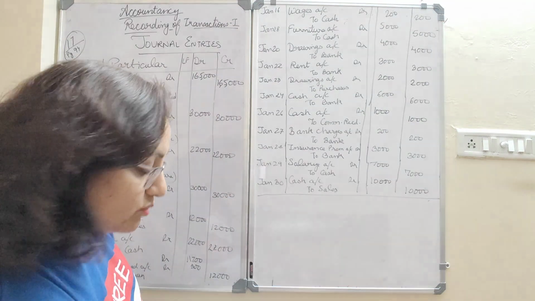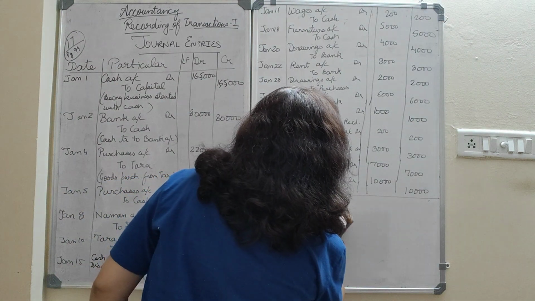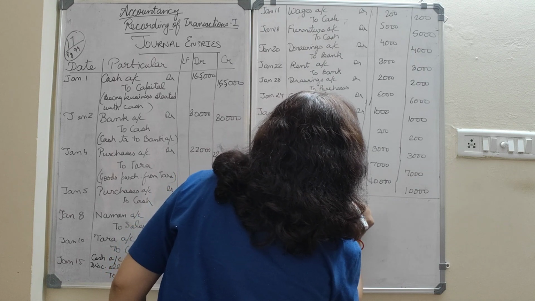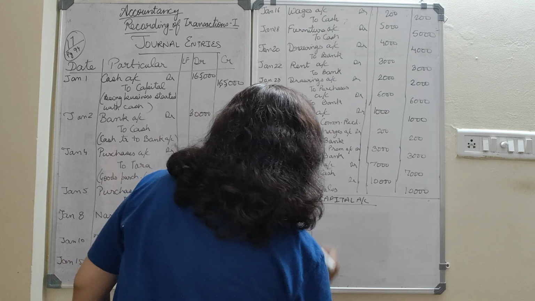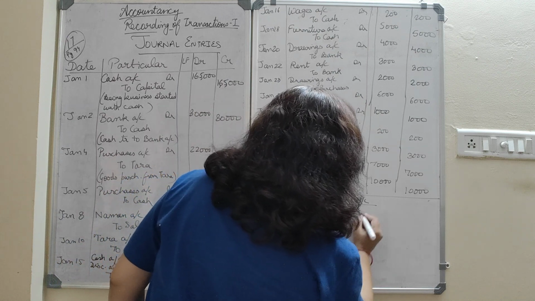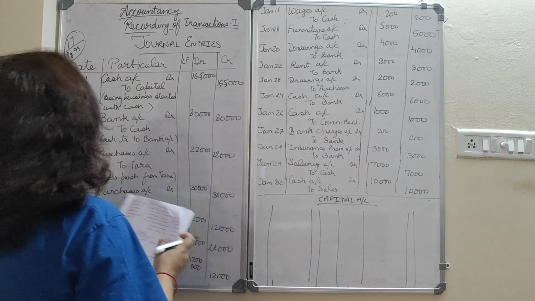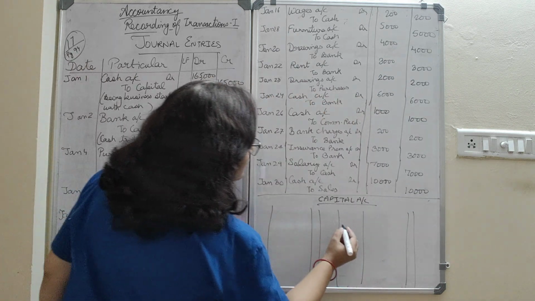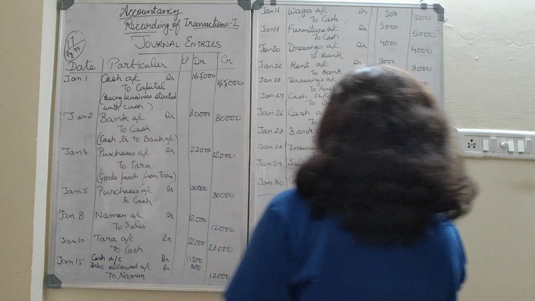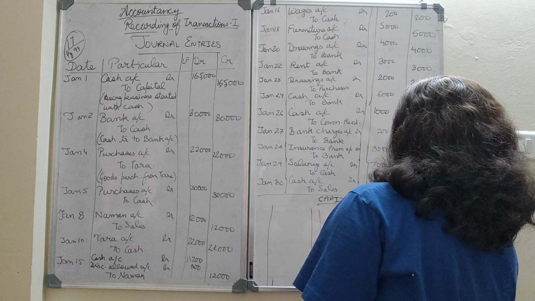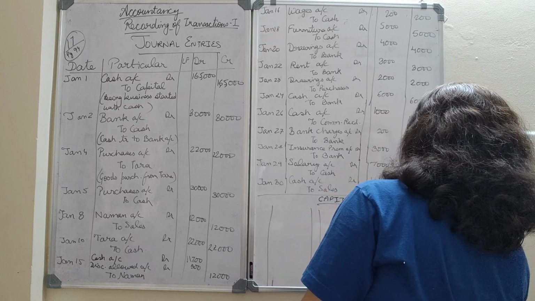When only one account is there, then how do we make it? It is very easy and simple. Just write the name. Don't forget to write the name over here. Capital account. Then we draw the same format. Now, January 1, the transaction will come. What is it? Cash. So we will write cash account and it is 1,65,000.